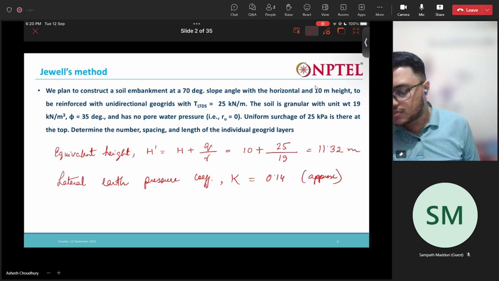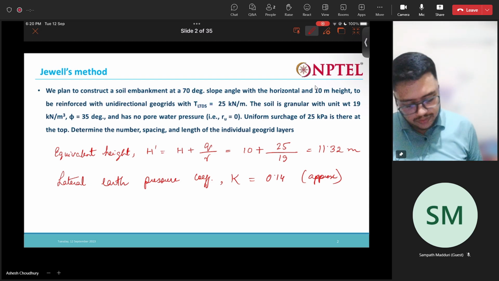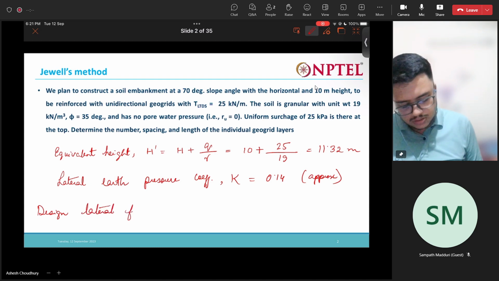Now using this, we will determine the design lateral force, that is half gamma h dash square into k.